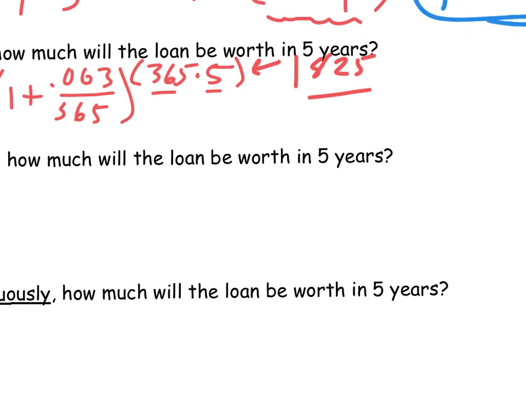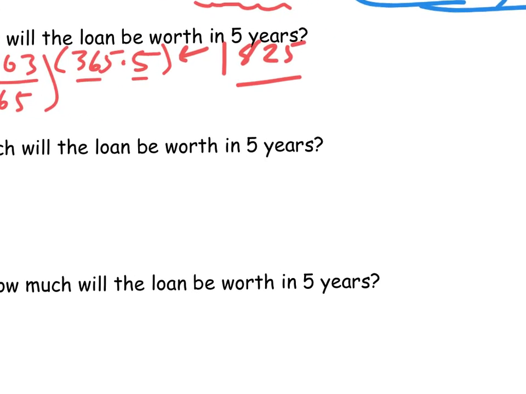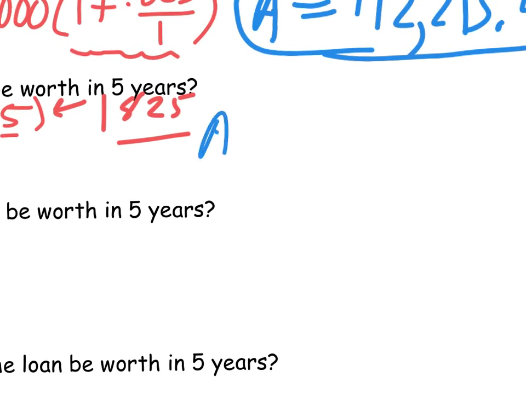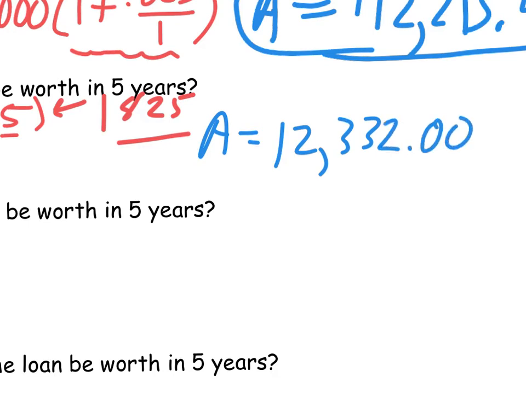So that gives me A equals 12,331 and 99 cents, point 998. Well, that's going to round up to a whole dollar. So actually, we're going to get a 2 here, 0.00.